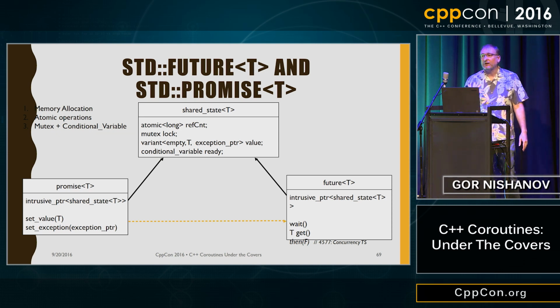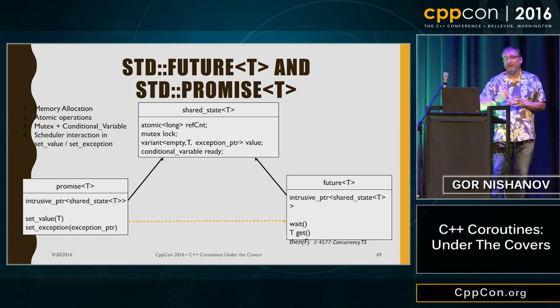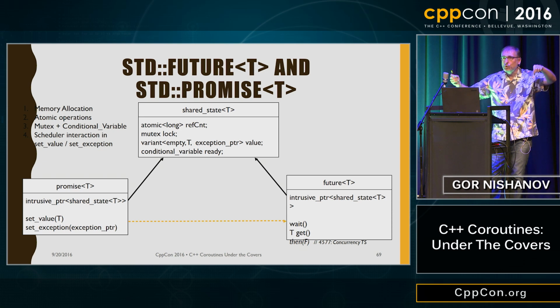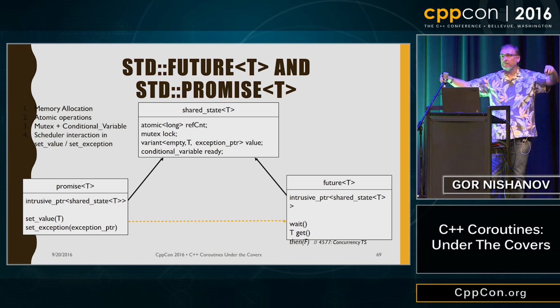Also, we need to be able to synchronize setting a value and getting a value. So we would need a mutex and a conditional variable. And finally, there is an extra cost in the future that requires scheduler interaction. It comes because when we say set value, and let's say we give a callback to .then, do we execute the callback right there in line when we call .then?